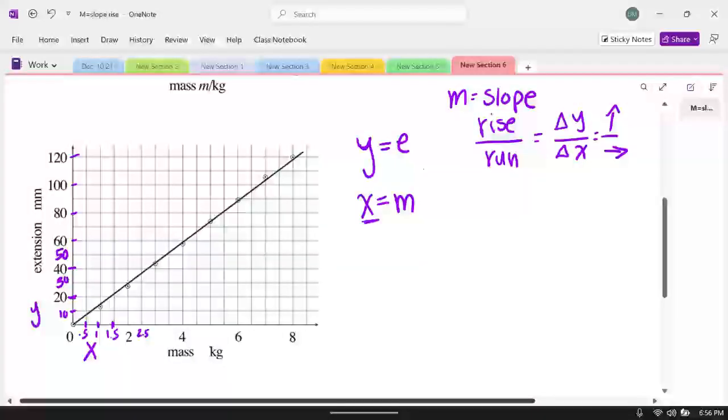So this line right here, let's find some spots along our line. Notice that there are some dots from this data that don't really fall perfectly on the line. That's okay because they drew a line of best fit here.